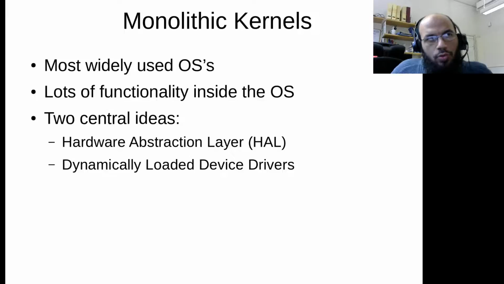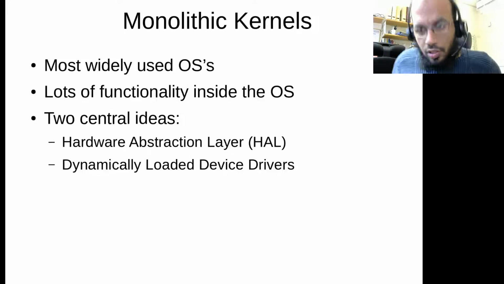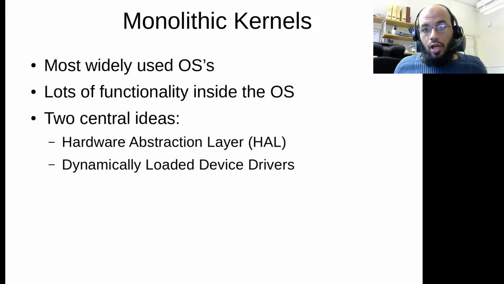Some people argue that we are using a hybrid between monolithic and microkernels, but this is by definition not true, because a microkernel is supposed to be a minimalistic, very small kernel. From a very theoretical point of view, it should be a few thousand lines of code, not a few million lines of code, because it just operates on the very basics that a kernel needs.